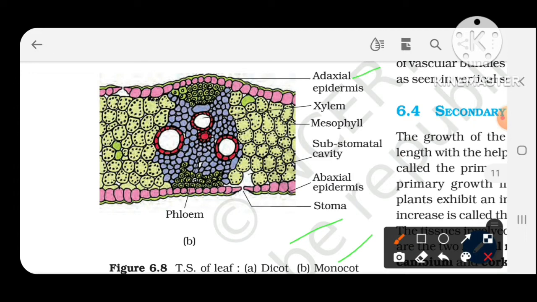The upper epidermis is also known as adaxial, and here a single type of cell is present in the mesophyll layer, and this is xylem, and phloem is present in between the xylem, and this is stomata, which is present in the lower epidermis, means abaxial epidermis, and below this stomata the space is present, which is also called substomatal cavity.